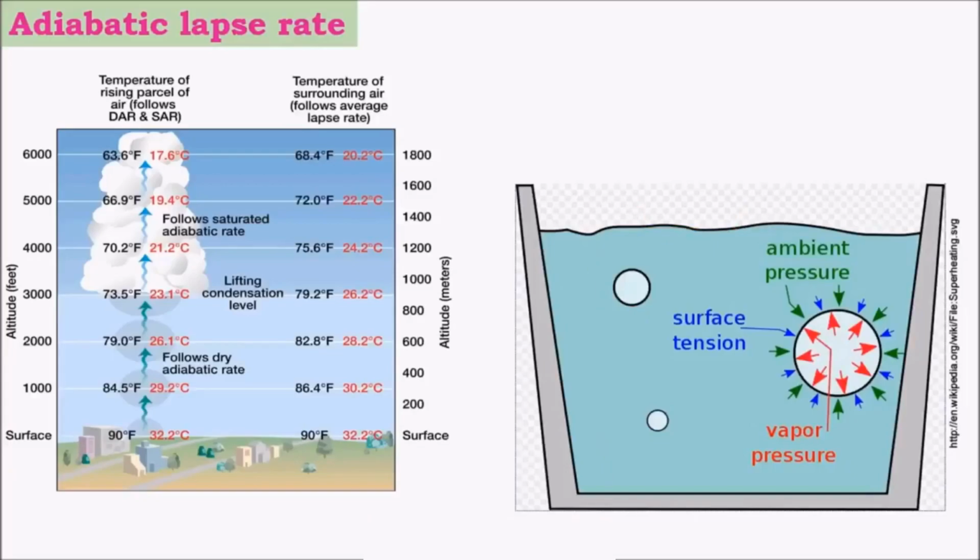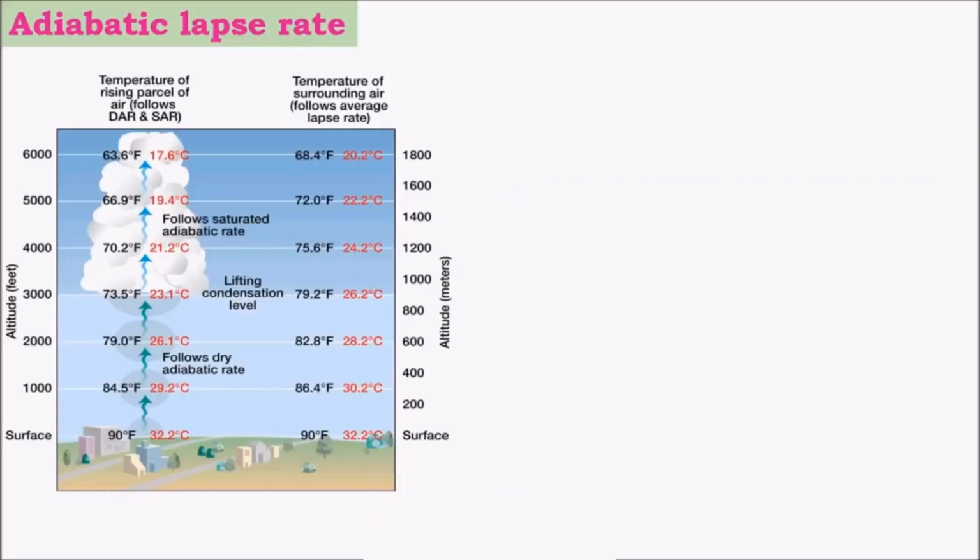So we have seen the increase in volume and also the movement of the bubble from bottom to top. And now let us see how it is related to adiabatic lapse rate. Let us consider a parcel of air.